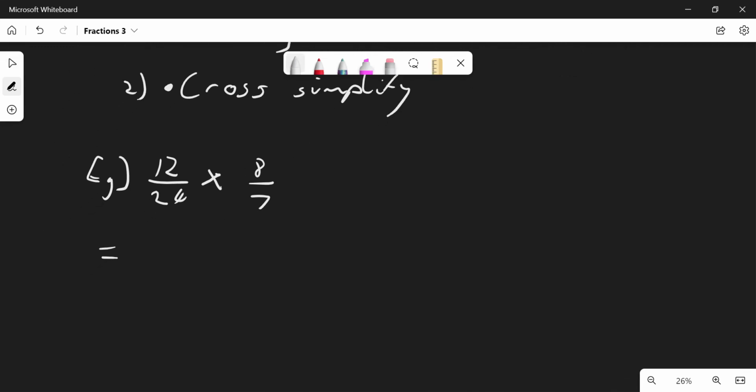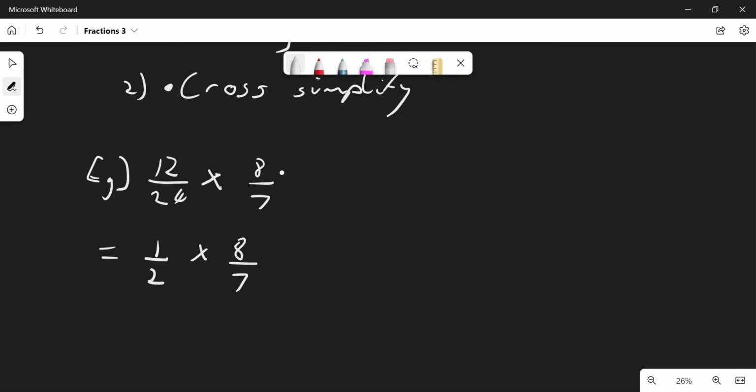I call that top to bottom; you're going to hear me use that a lot. As we saw before, that's equal to a half. We said the top divided by 12 and the bottom divided by 12, because what you do at the top you have to do at the bottom. That gives us a half times 8 over 7.